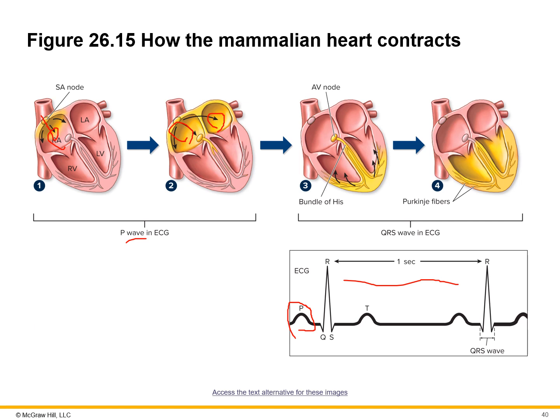That's the P wave. And then the QRS wave, which is this blip down and then this peak up. So first we have the bundle of His that is going to occur, and then our Purkinje fibers, that's going to allow that contraction that then allows everything to leave, or that contraction to force the blood out of the heart.